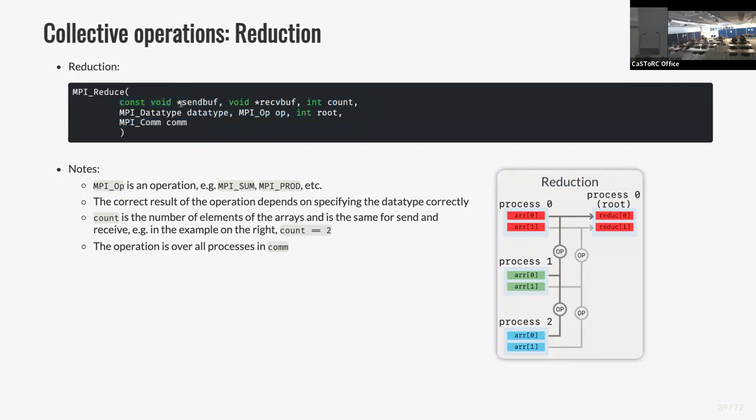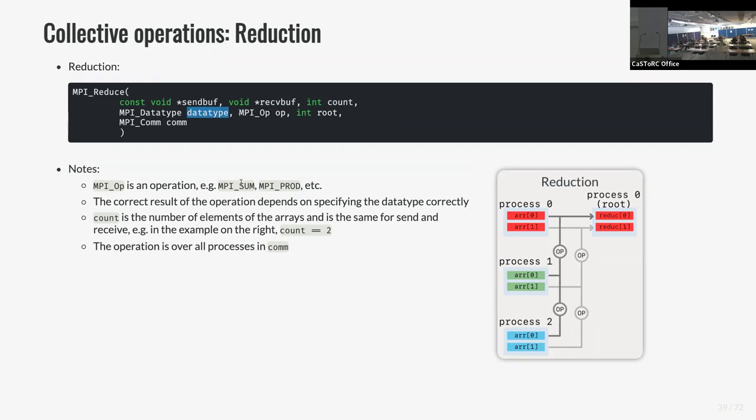So first you specify the array that you want to be reduced. And then you specify the array where the data will land on the root process. You need to specify how many elements, of course, the data type, and now you have this MPI op, which is basically the operation you want to do.